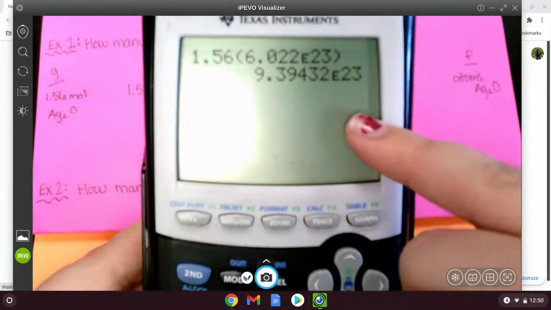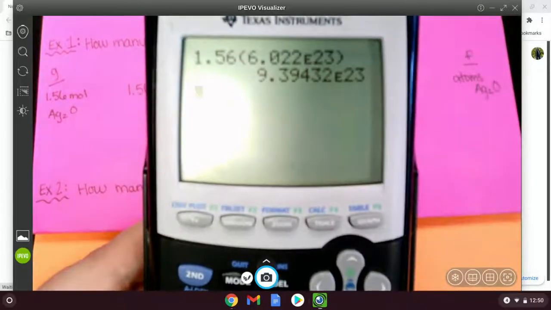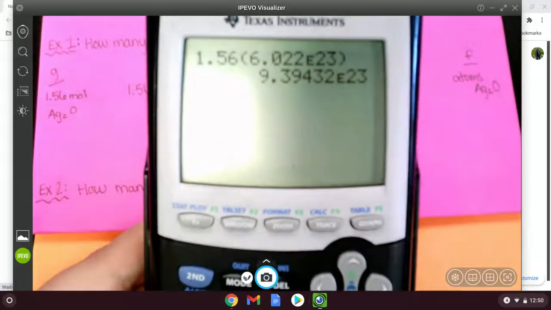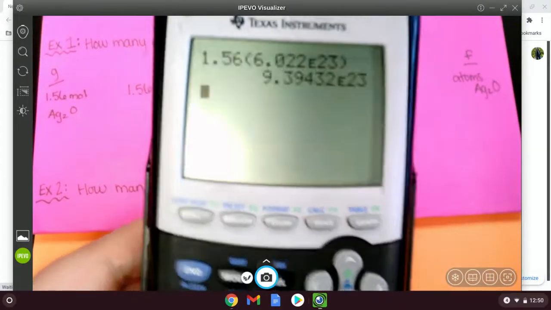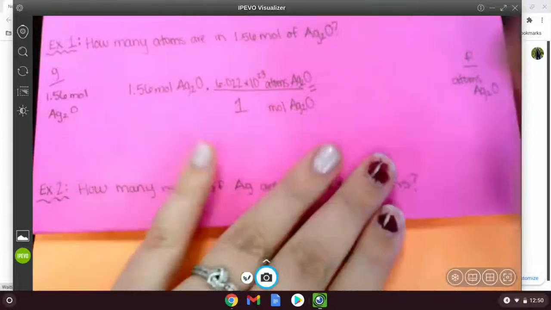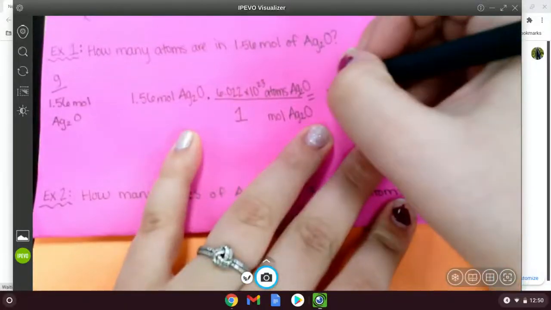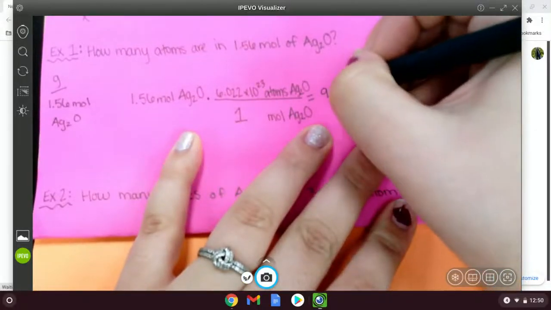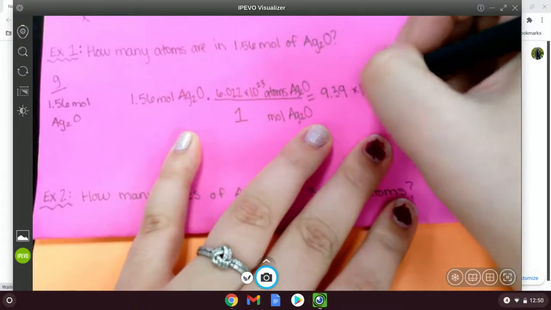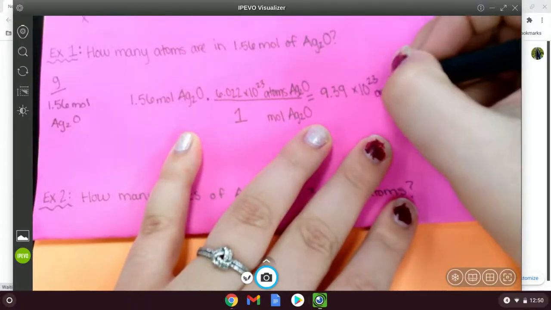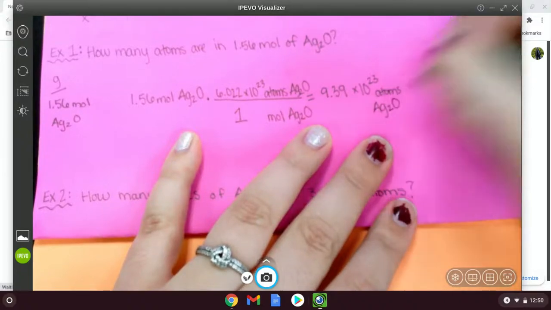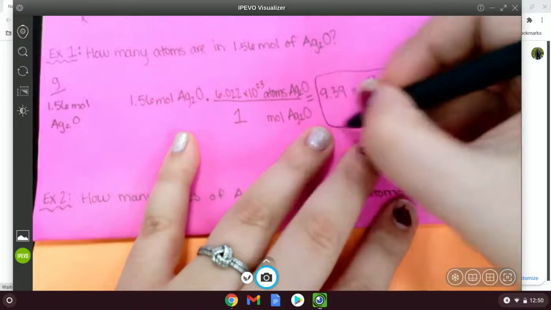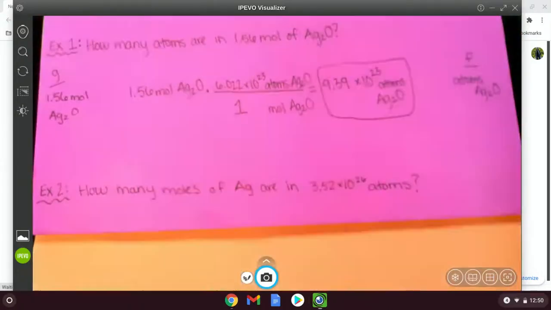So when I write this answer out, it will actually be 9.39 times 10 to the 23rd atoms of silver oxide. And I'll put a box around that so we know where your answer is. That's how we do the first problem.